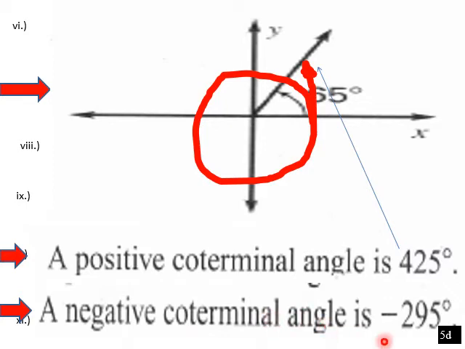A negative coterminal angle would be negative 295. So this position of the terminal side would be apropos to this measurement here as well as this measurement and this measurement. This would be coterminal for these three angle measures.